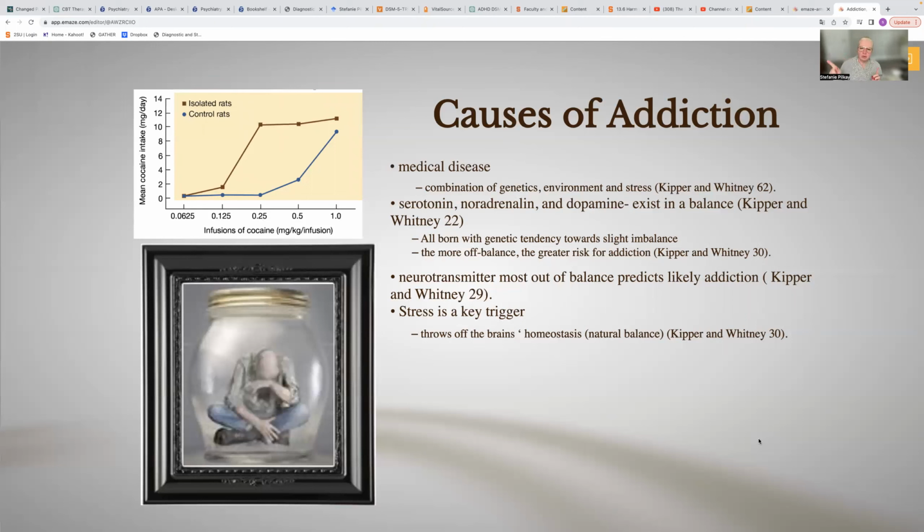So it triggers the reward pathway to increase the likelihood that you are going to crave, think about, want, and pursue that substance again, because your brain says we need that because that makes us function like we're supposed to. And the other two neurotransmitters also are involved, and we'll go over each one and the drugs that they're associated with. But this is how this sort of creates this pattern.